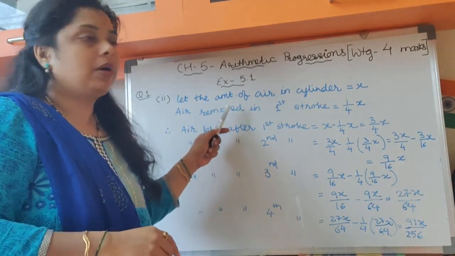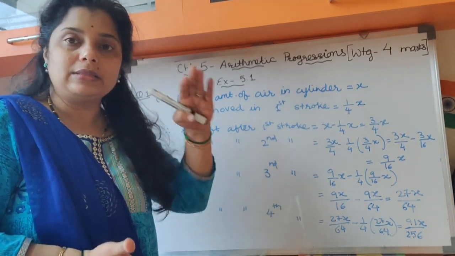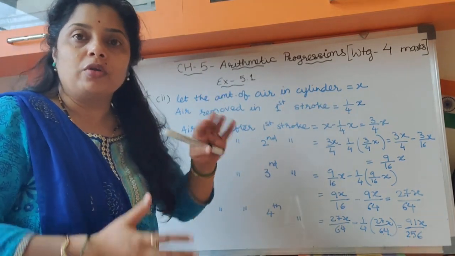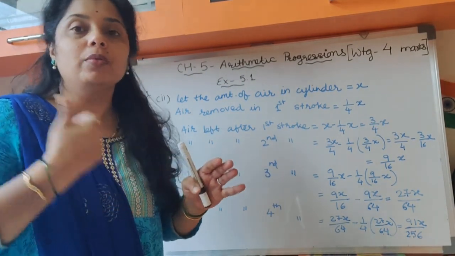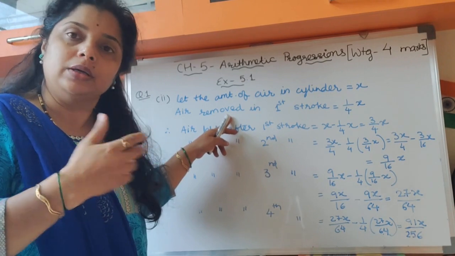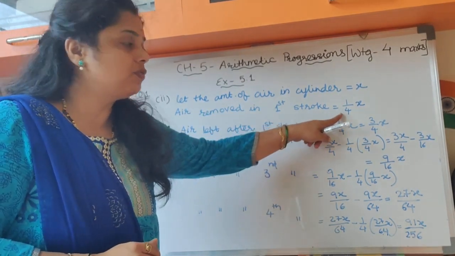Let's assume that the amount of air in the cylinder is x. So first the cylinder is full with the quantity x. And at the first stroke, every time 1/4 is removed.